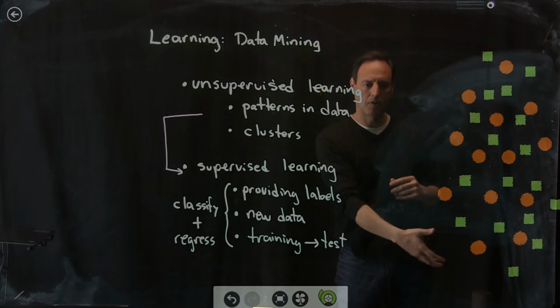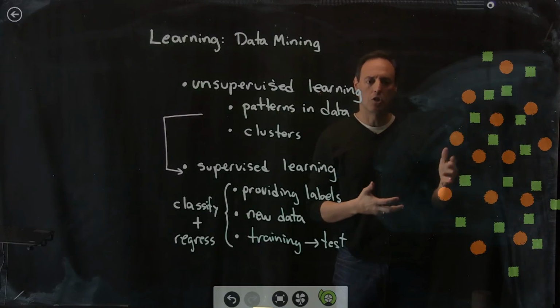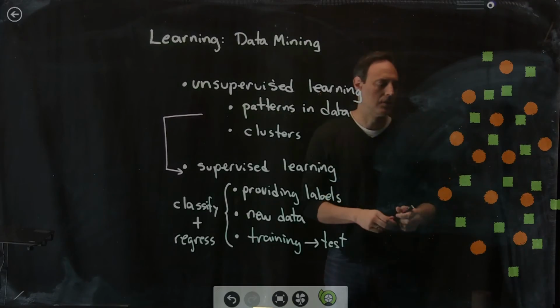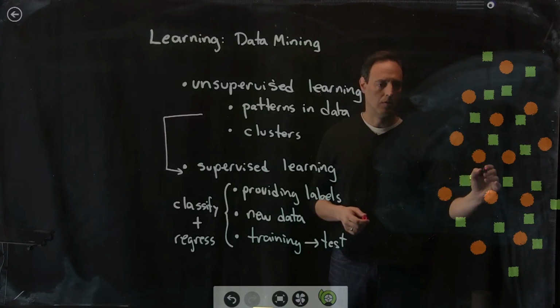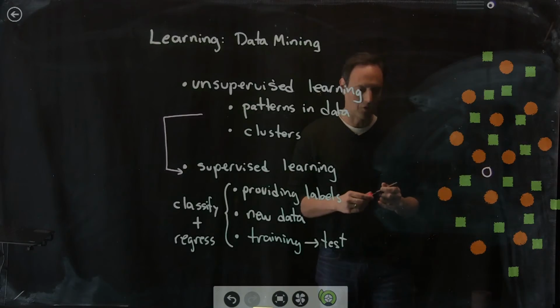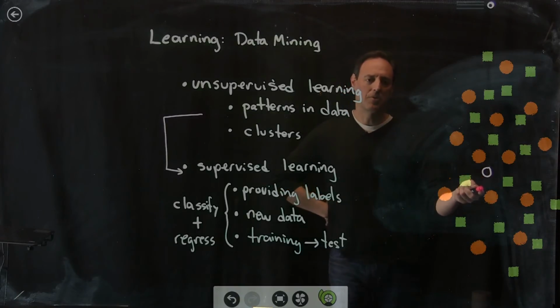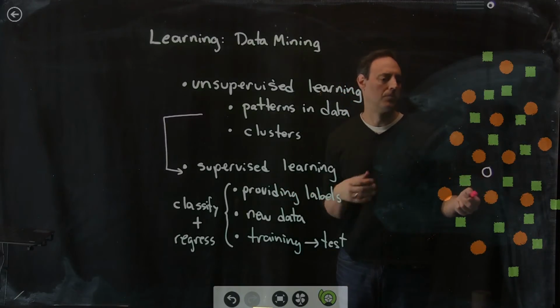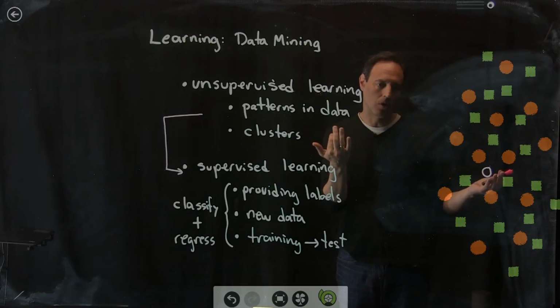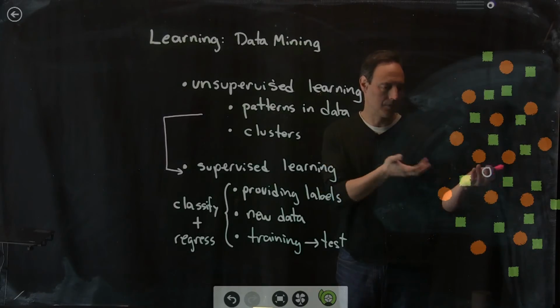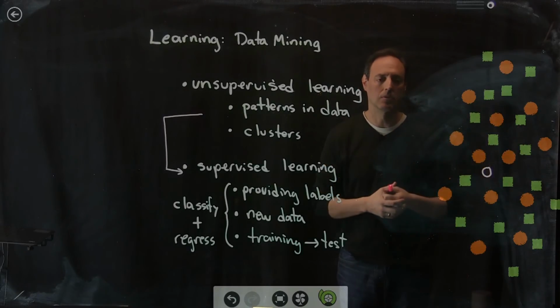versus something like this, where clearly there's no way if I gave you a new set of data, let's say right here, and I ask you, what is that? You would not be able to say with any kind of accuracy that this was an orange ball or a green square, because in fact it sits there in a sea of orange and green.